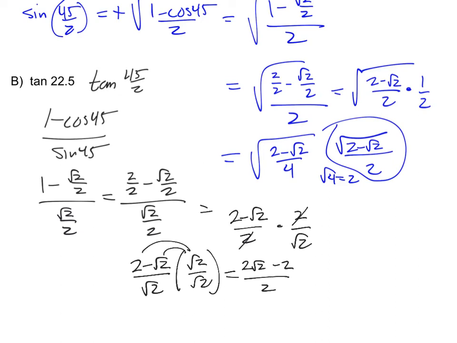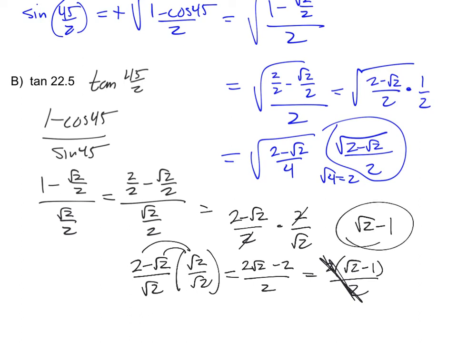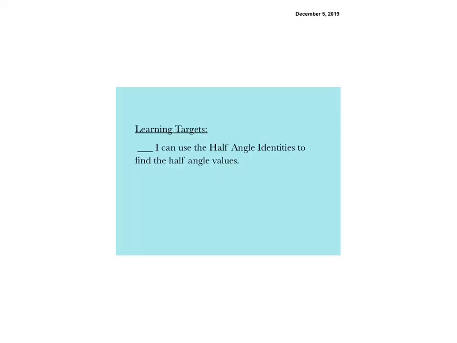I just distribute that back. Then I go factor. That cancels out. I'm left with square root of 2 minus 1. Okay, that's what I'm trying to figure out here. So that's what the tangent of 22.5 is going to be. Okay, that's what you're looking at.